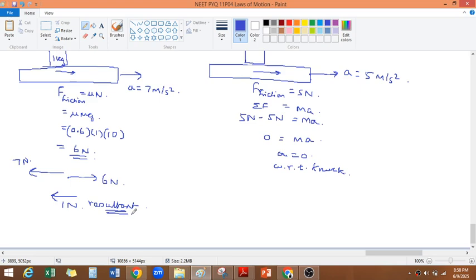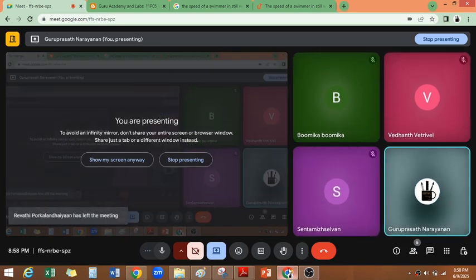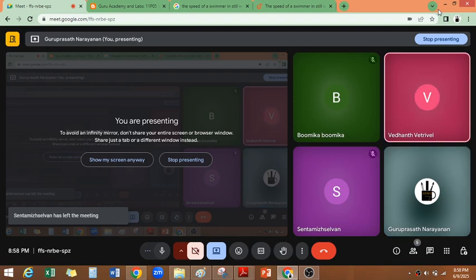So what will happen? If I accelerate too much, the block will slide back and it will fall. Are you following or not? Are you following or not, Vedant? Yes, sir. Following, sir. Okay.